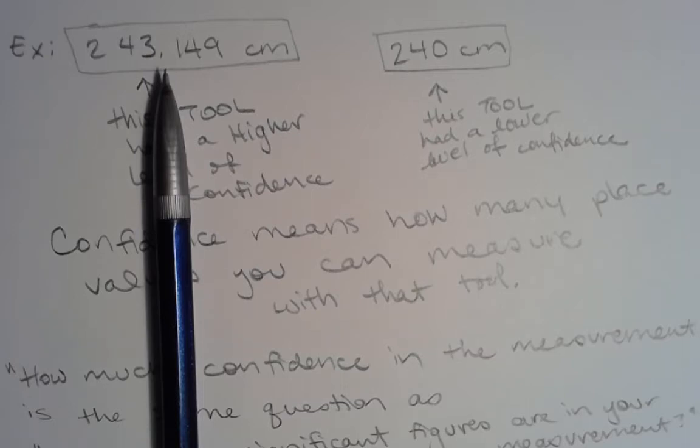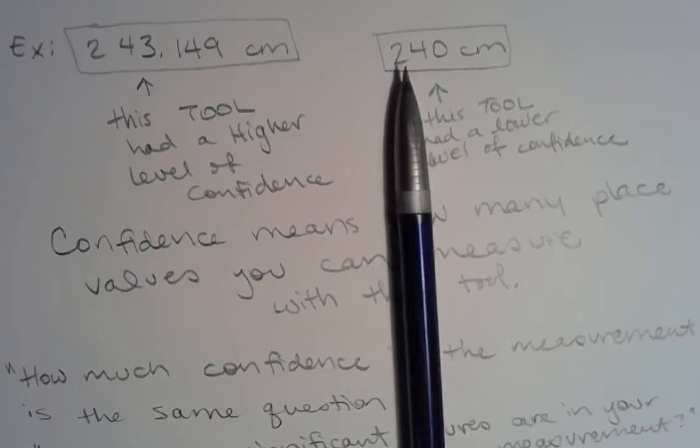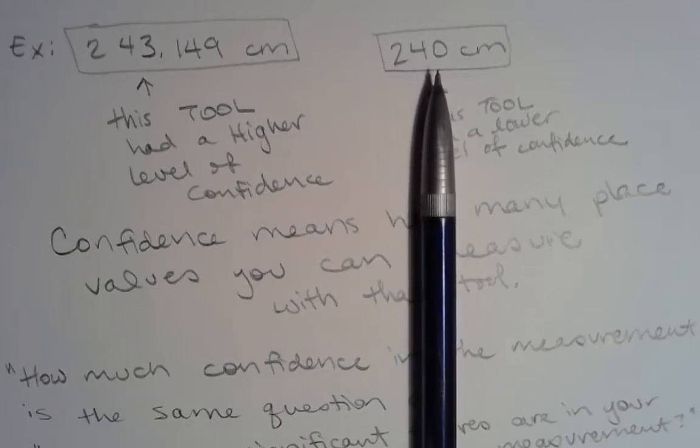And you can rewind that. This is a condensed version. But this number has 6 significant figures because the measuring tool could see 6 place values with confidence. This number is less confident. You can see that already. This number has 2 significant figures.